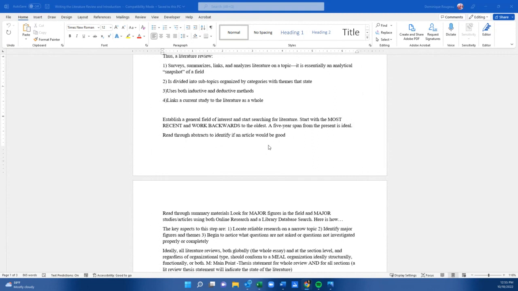Typically, you do want to try to present research that is not older than 5 years. A 5 year span from the present year is the most ideal, because as I mentioned earlier, as time goes on, new research develops and research is refined. You really don't want to be pulling very old research, because, and this is specific to this class, you don't know which professor has expertise in what.